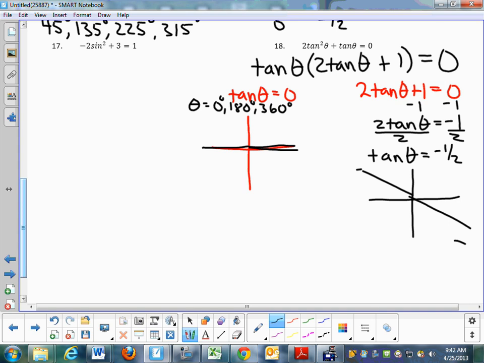If you take tangent inverse of 1/2, 26.56. So I'm going 26.56 behind 180, which is 153.43 degrees.